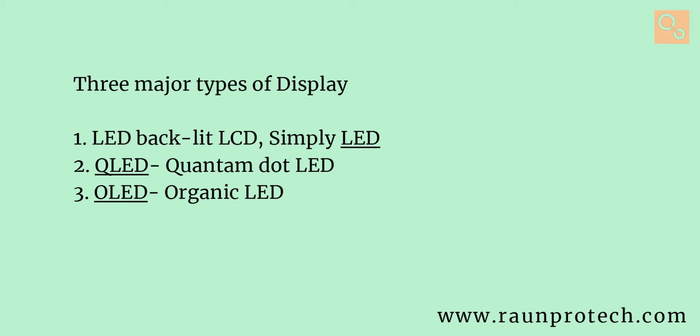LED panel is the most common and available in almost any budget TV. QLED is sort of a middle ground. It is the brightest of the bunch but does not have the deeper black levels of OLED, but still, QLED is better than standard LED TVs.